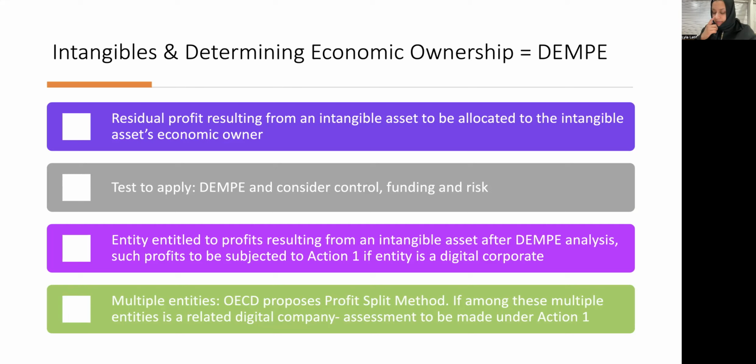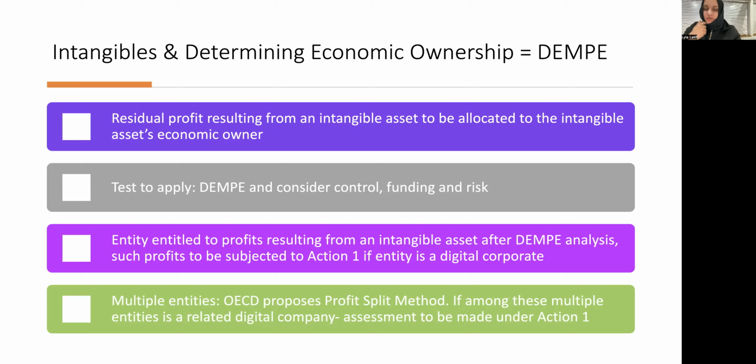However, it can also be argued based on these OECD guidelines that where you have multiple entities that perform considerable DEMPE functions, in that case, multiple entities are entitled to the profits resulting from an intangible asset.